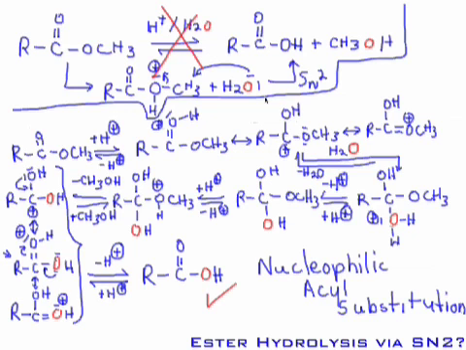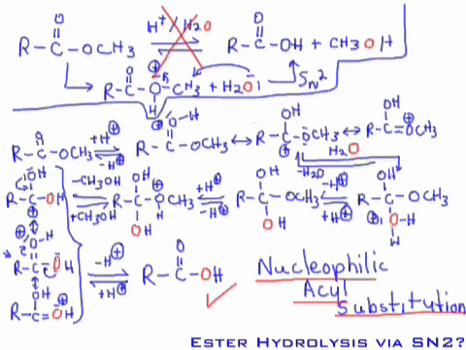Now, the question might arise as, is it possible to make nucleophilic acyl substitution less favorable? And would, in that scenario, the reaction go via the SN2?